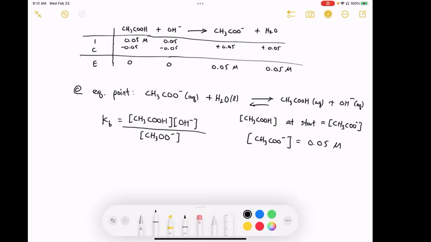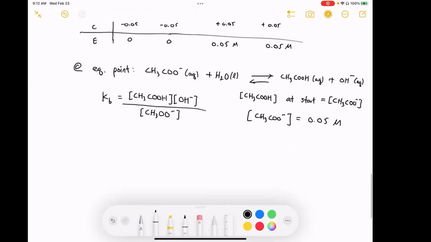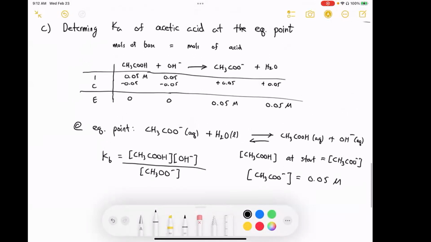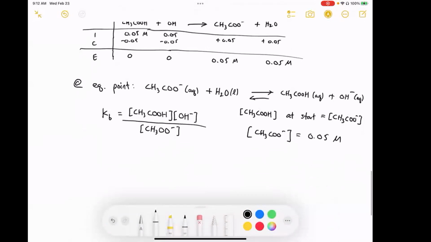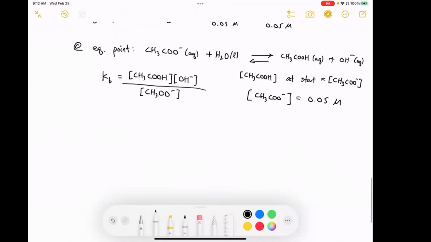Now we need to find out how much dissociated to form the hydroxide ion and the acetic acid. The acetic acid that reforms from this equation, we need to look at the pH. So the pH will tell us. Say your pH is, I don't know, maybe like 11. So let's say your pH is 11.1.